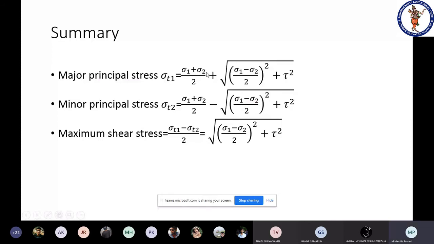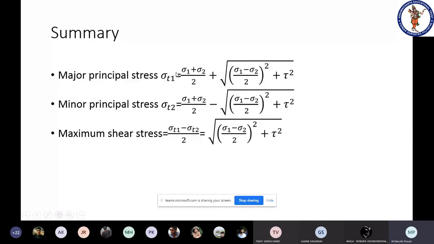Depending upon the nature of the stress acting on the body, we have to consider the sign value. If both sigma 1 and sigma 2 are positive, fine. If the stress along the x-axis is positive, sigma 1 is positive, and along the y-axis it is compressive, then we replace plus sigma 2 with minus sigma 2.